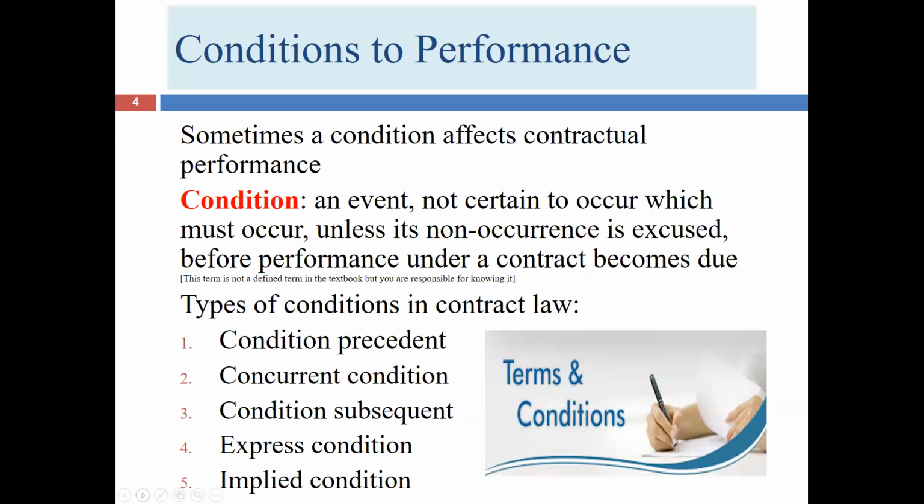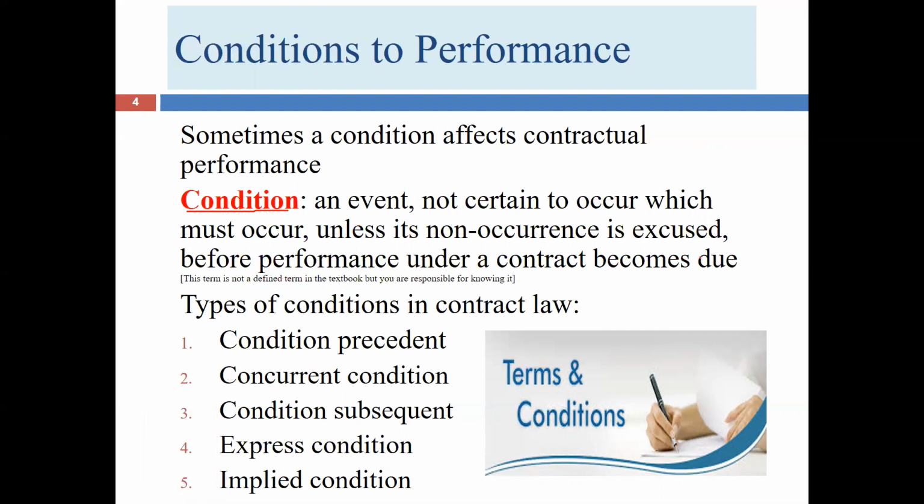Sometimes there's a little wrinkle with performance, and we call this wrinkle condition. A condition, and here's our definition of condition. An event not certain to occur which must occur unless its non-occurrence is excused before performance under a contract becomes due.